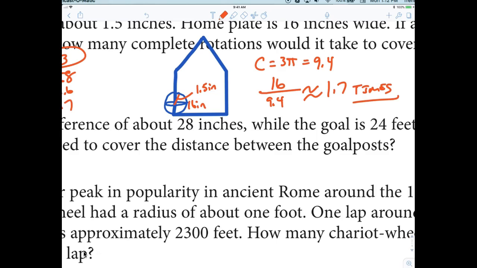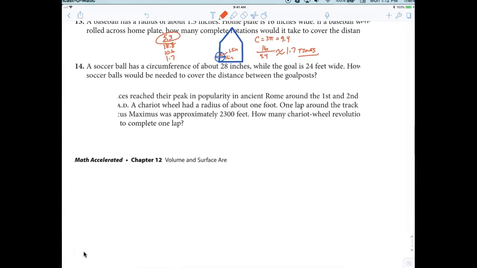I need you to think of the circumference as a length. Anytime somebody says to you one rotation, remember one rotation is simply one circumference. If I say five rotations, that's just the length of five circumferences. All right, that's it. Now let's take a look at 14.